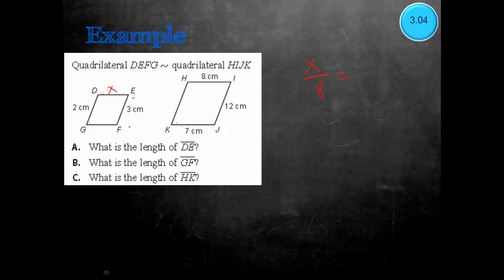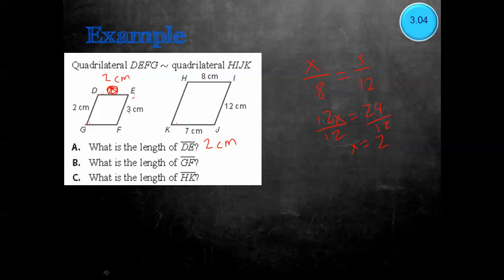We have a 3 and a 12 that are already filled in, so let's use that. So 3 over 12. With our means extremes property, we can multiply: 12x equals 24. You divide by 12, and x is going to equal 2. So this side is going to equal 2 centimeters.